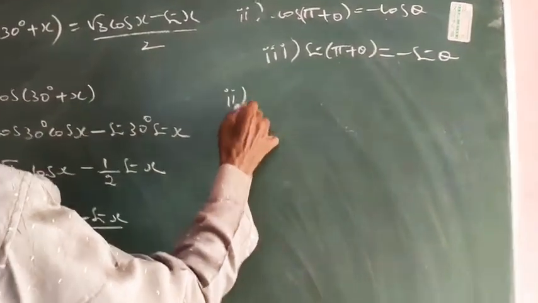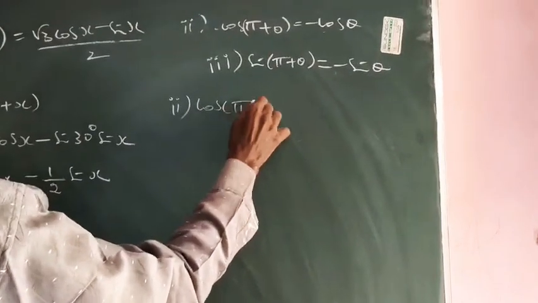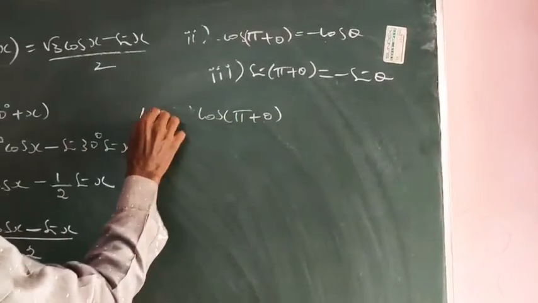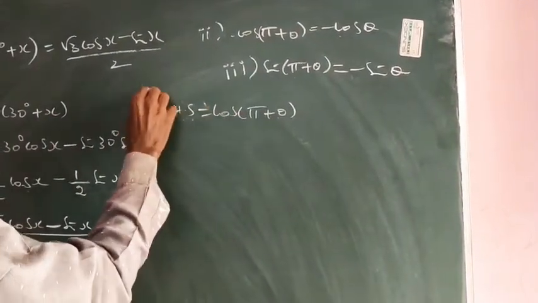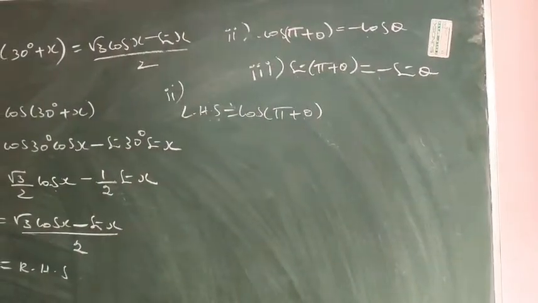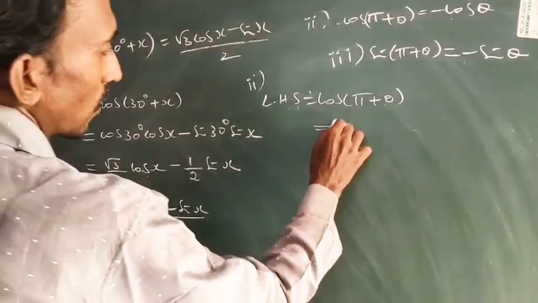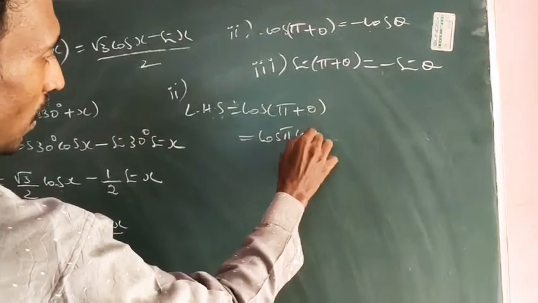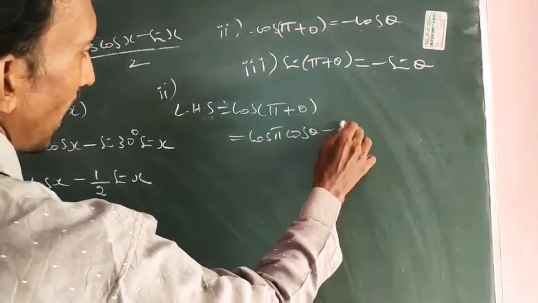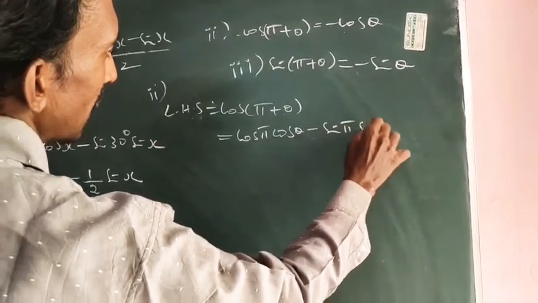Second one, cos of pi plus theta, that is the LHS. Again apply the cos a plus b formula: cos a cos b minus sin a sin b.